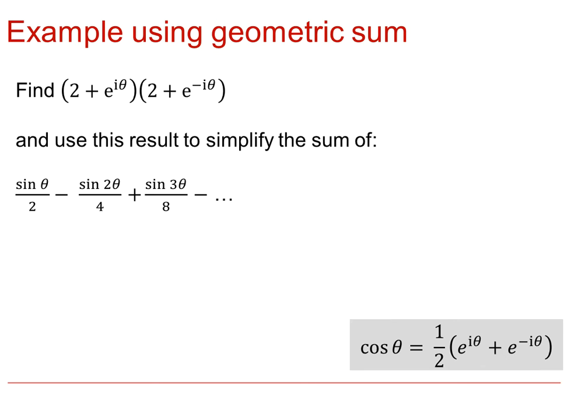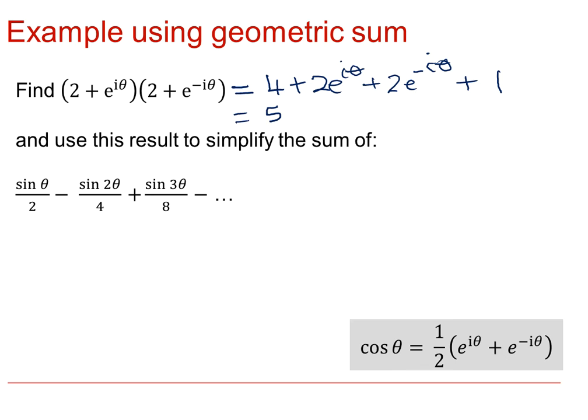So here's an example. First, we're asked to find the product of those two brackets. If we expand them out, we would get 4 plus 2e to the i theta plus 2e to the minus i theta plus 1.